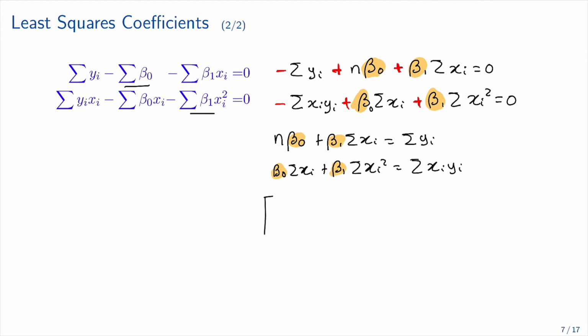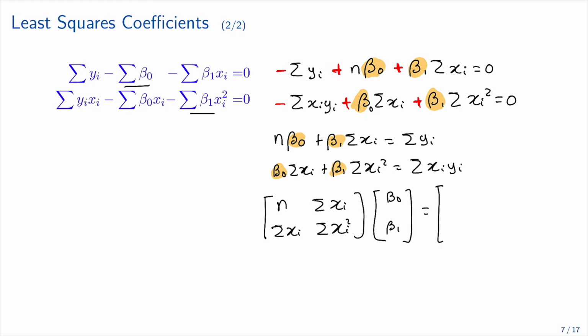So the matrix of coefficients will be n and the sum of xi, and the second row will be the sum of xi and the sum of xi squared, multiplied by beta 0 and beta 1. And the right hand side, the independent terms, are the sum of yi in the first row and the sum of xi yi in the second row.